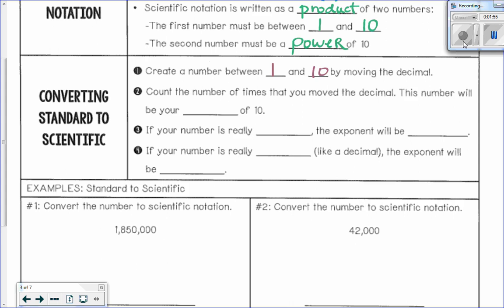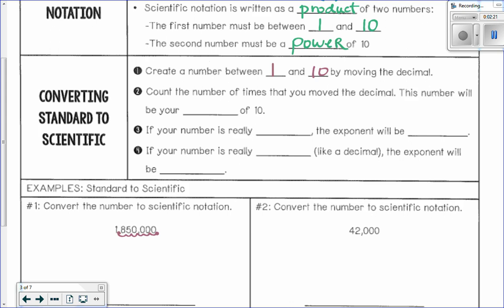All right, so look at number 1. We're going to create a number between 1 and 10 by moving the decimal. Where should we move the decimal? How do we create a number 1 through 10? Good. Right there.